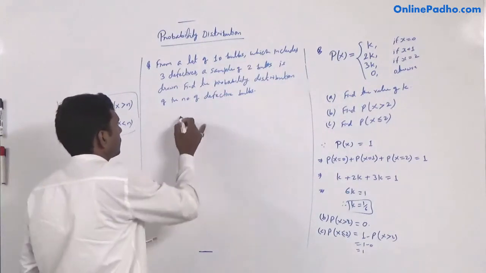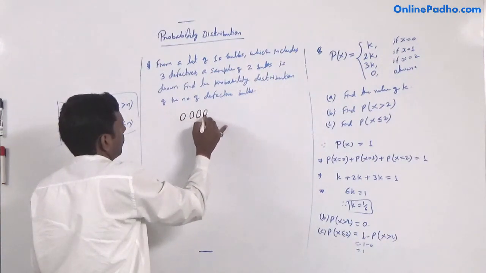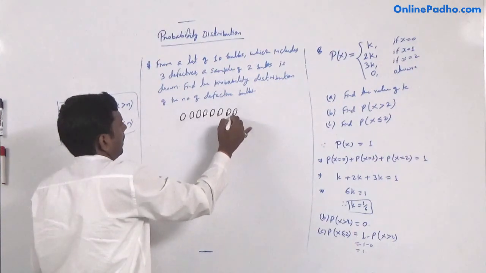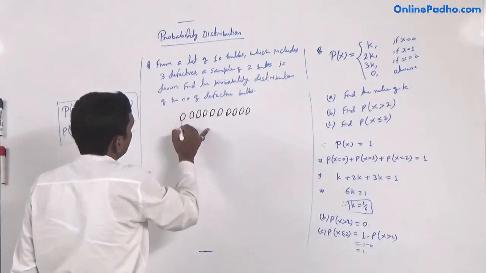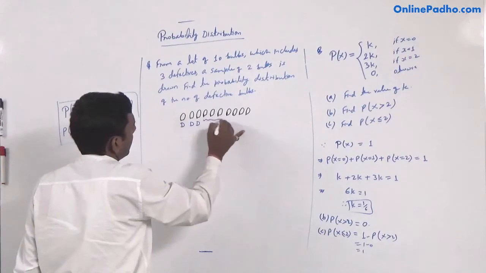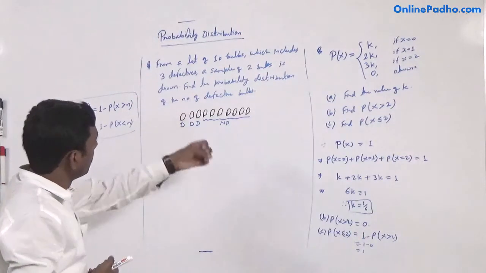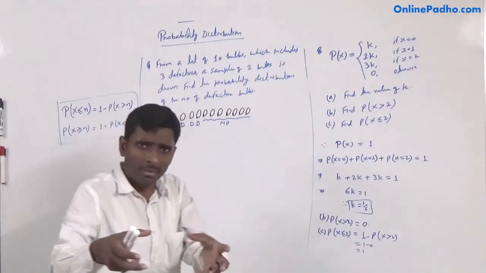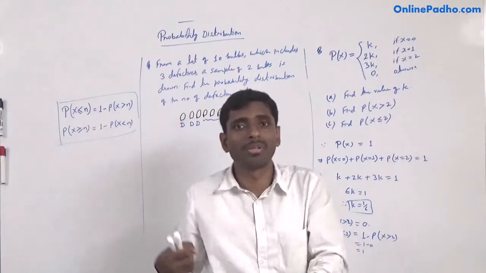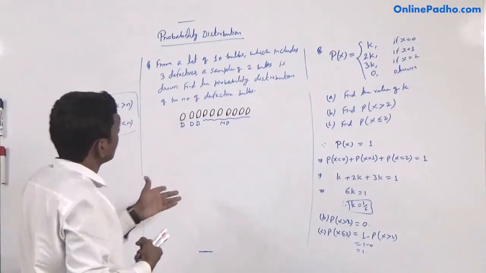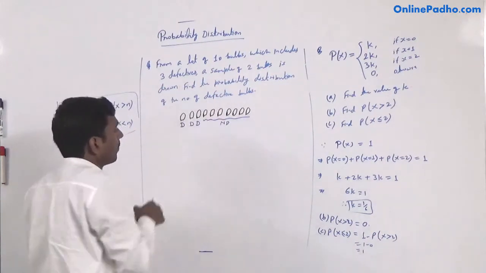From a lot of 10 bulbs, we have 3 defective bulbs and the rest 7 are non-defective bulbs. Right? A sample of 2 bulbs is drawn. From a lot of 10, we have to select 2 bulbs. Find the probability distribution of the number of defectives.